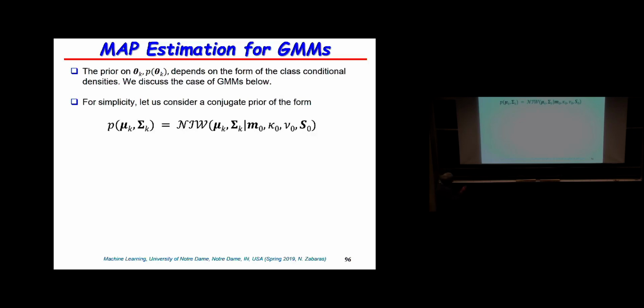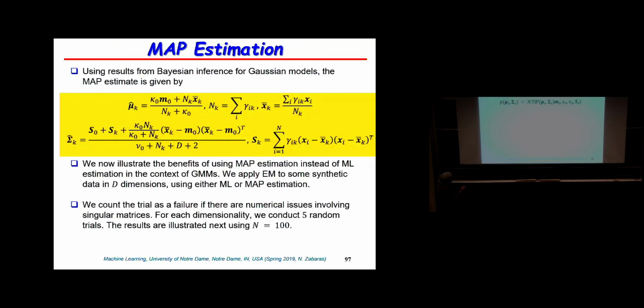So you can think of this as mu given sigma, times the distribution of sigma. And so if you do the algebra, it comes out, and that's why you need to know everything about the multivariate Gaussian.